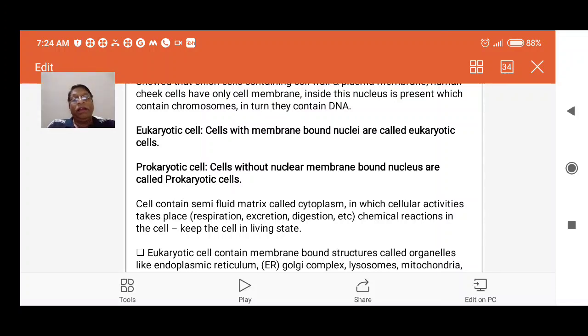Say, respiration. The respiration takes place in the cytoplasm of the cell. In case of animal cell, the excretion takes place. Even the digestion also takes place within the cytoplasm. That is, the metabolic activities take place in the cytoplasm of this cell.